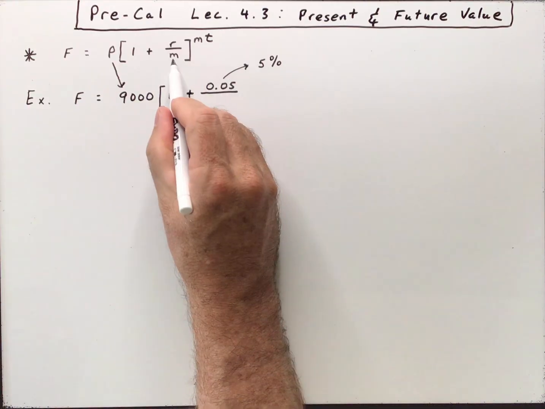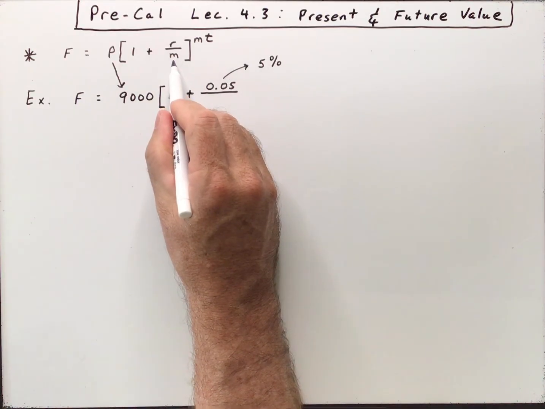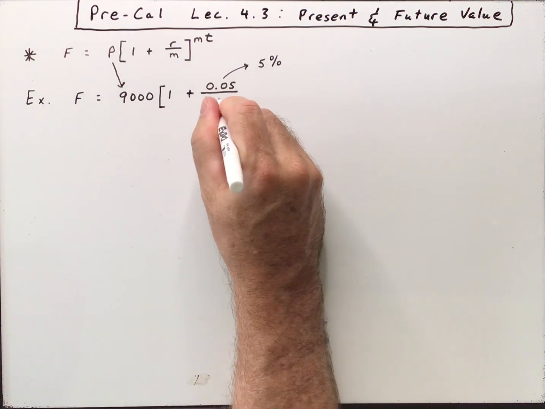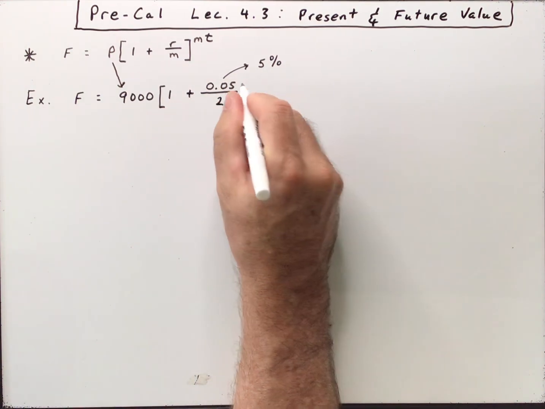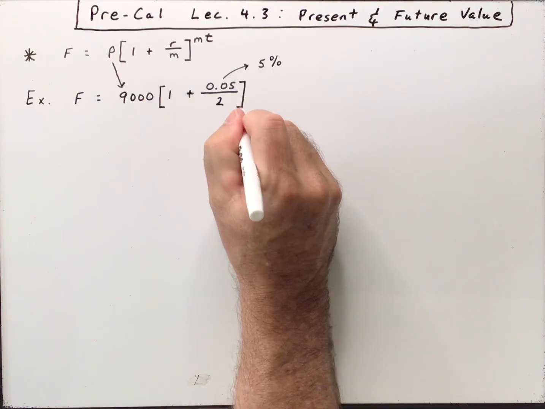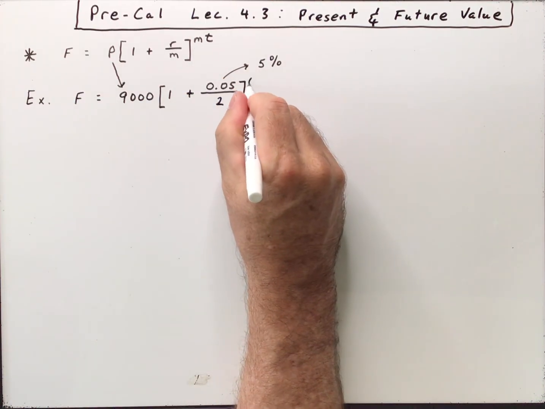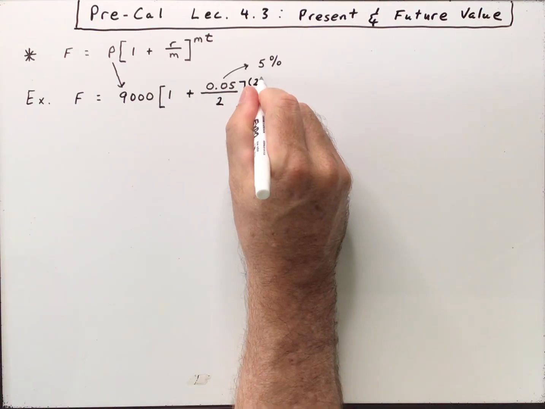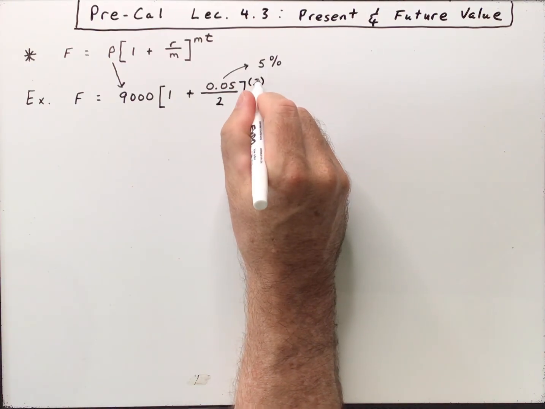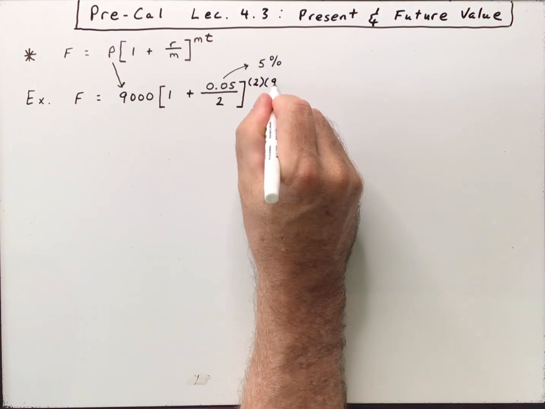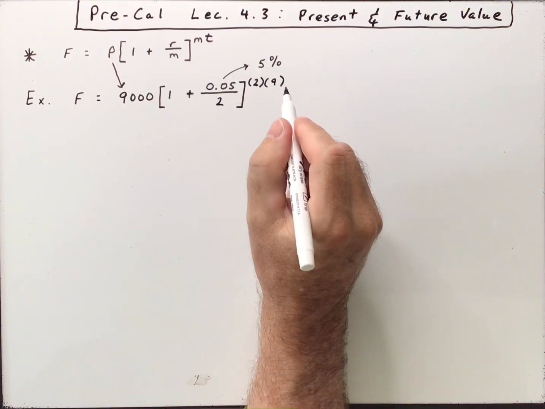Now the number of compoundings per year, how often is the interest paid every year? Semi-annually means twice a year. So that's 2. All right, and then MT, you would have in the exponent here 2 for M, and then we're doing this, if you look at the problem, for 9 years.